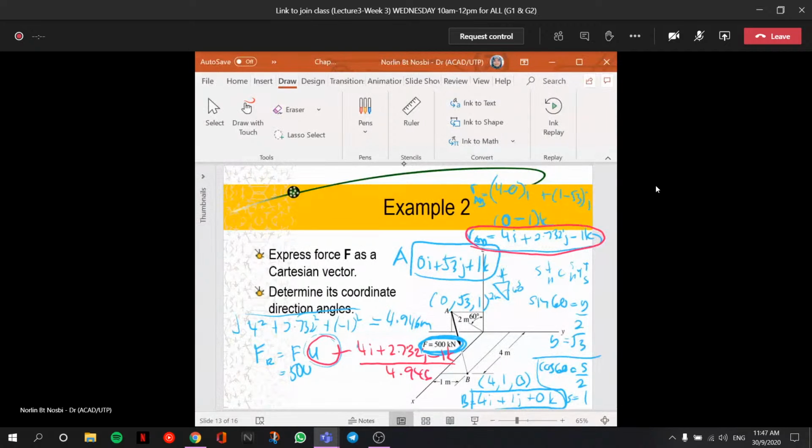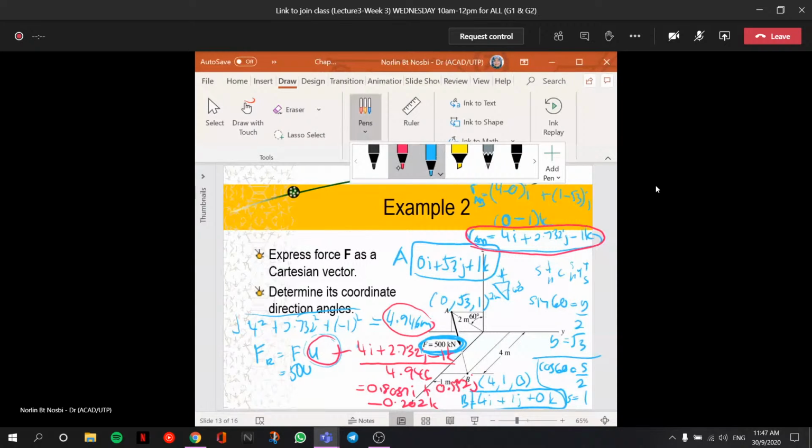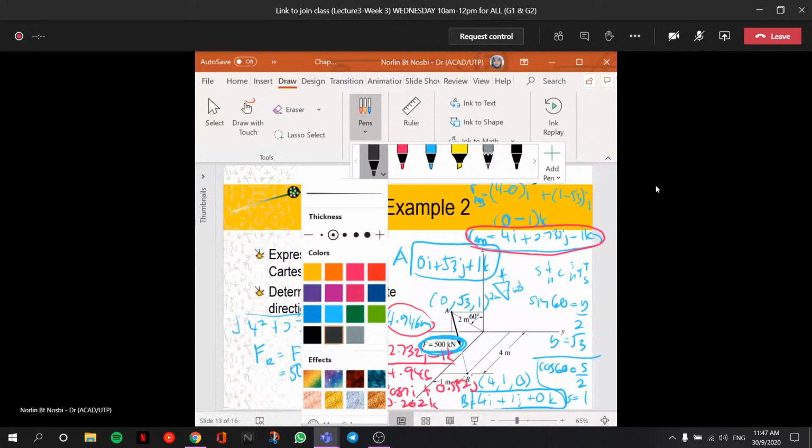Then you will get each component: 0.8087i plus 0.552j minus 0.202k. Then you need to multiply it by 500.